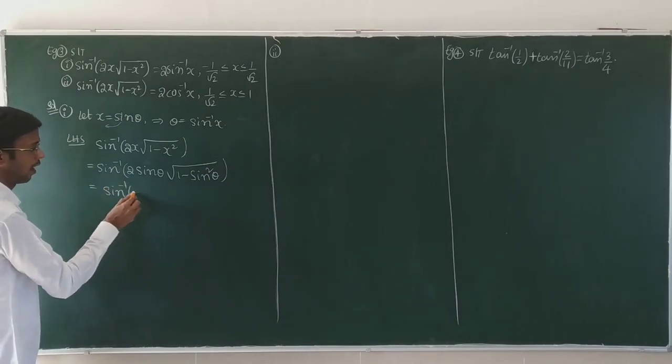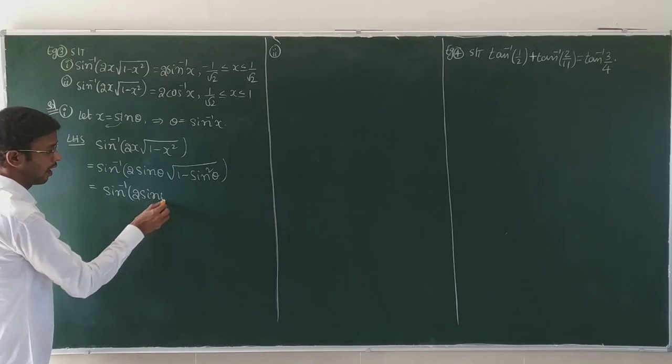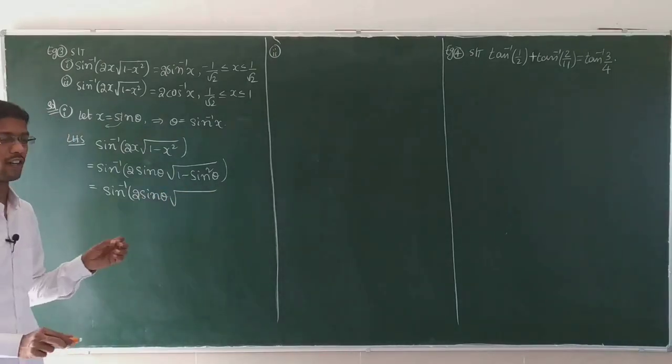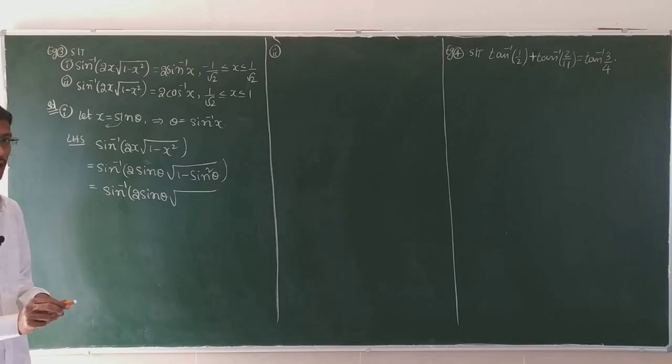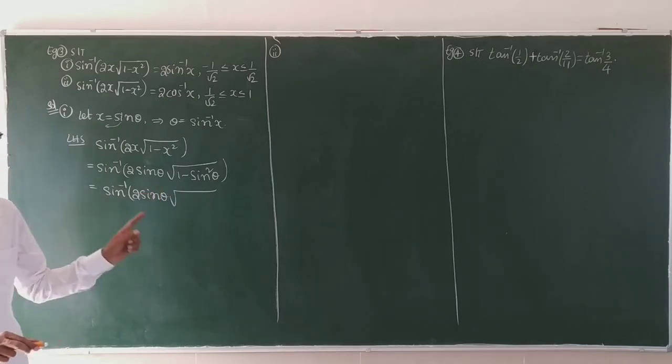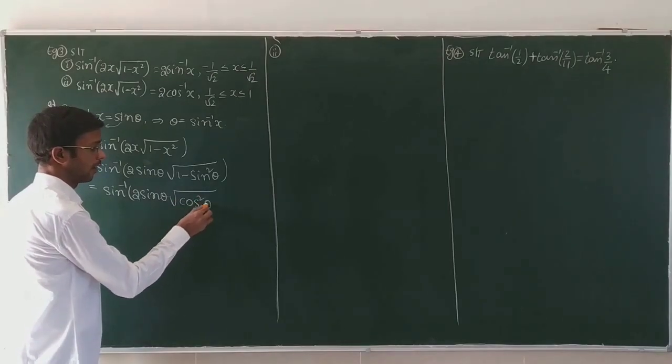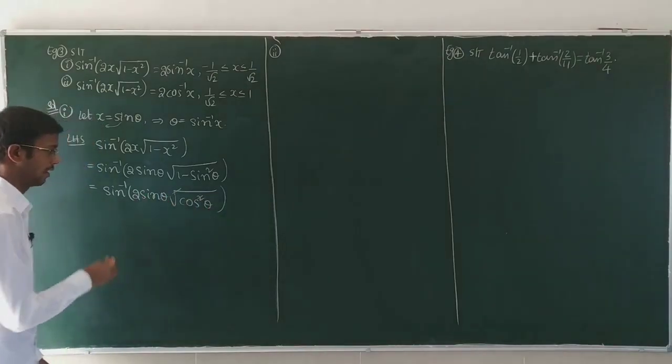By the trigonometric first identity, cos square theta plus sin square theta is equal to 1, we can write 1 minus sin square theta is cos square theta, where the root gets cancelled.